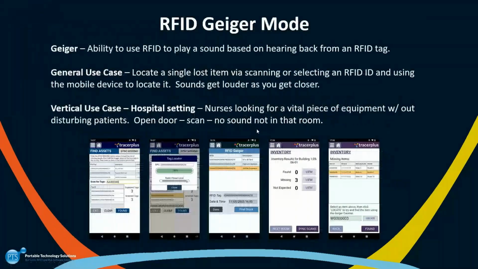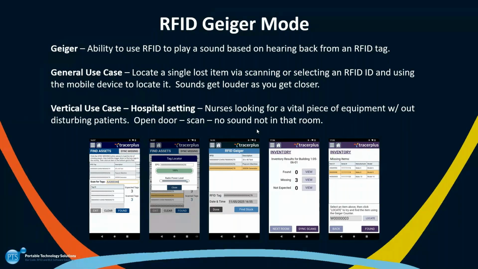All right, so your different RFID Geiger modes. First off, Geiger, meaning the ability to use RFID to play a sound based on hearing back from an RFID tag. So that's that concept of, as you're getting closer to a tag, you'll hear that beeping more frequently. And on some devices, that beeping gets lower or louder based on your proximity to that item.